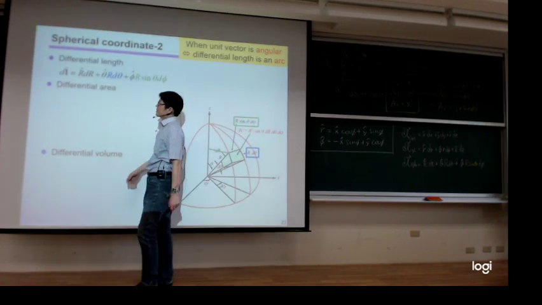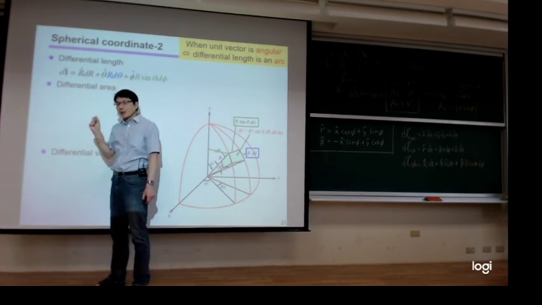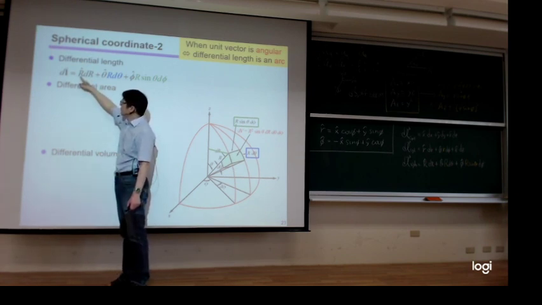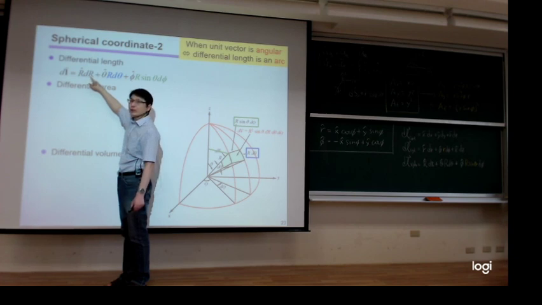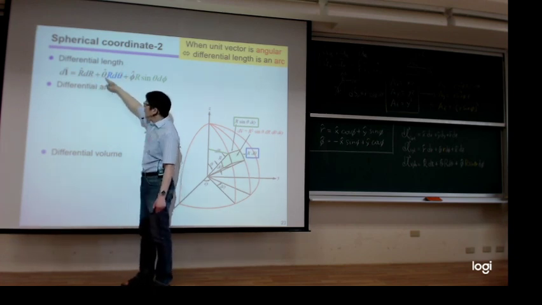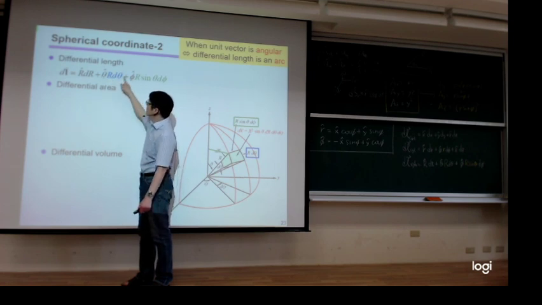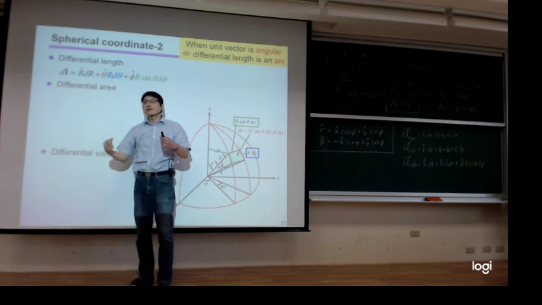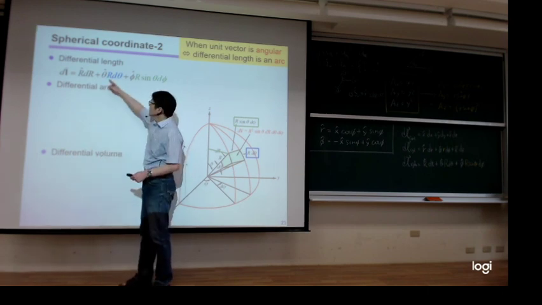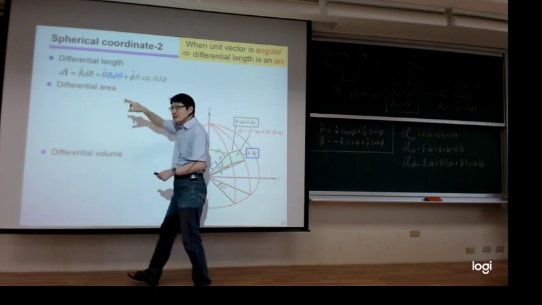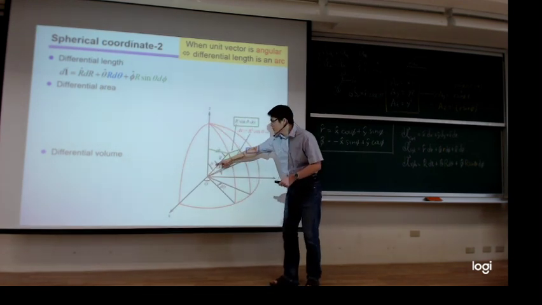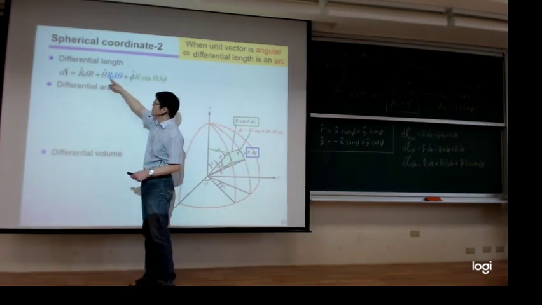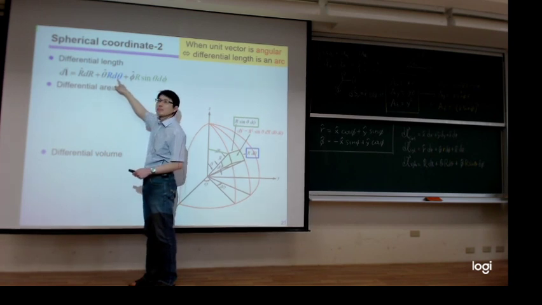So in essence, differential length in spherical coordinates, you have in the radius direction the differential radius. Now you have two unit vectors that are angular, so each one would give you an arc. In the theta direction, you're using the entire three-dimensional radius to span this arc length, so it's capitalized R, the radius, multiplied by d theta.